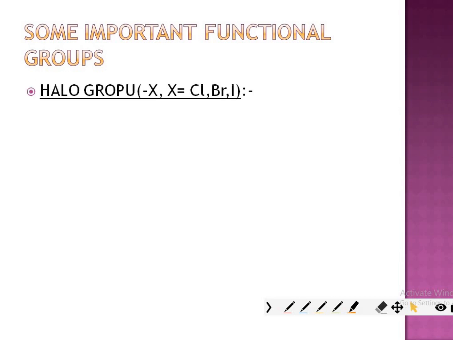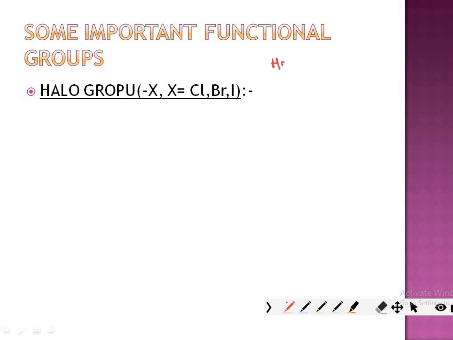Now next we have functional groups, some important functional groups. What are the functional groups? I told it, okay. Functional group, the first one you have is halo group. Halo group is coming from the name halogen.